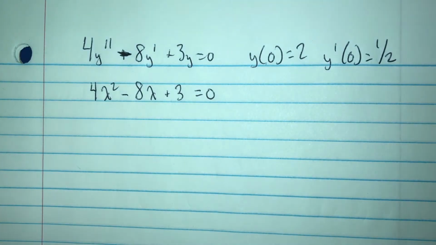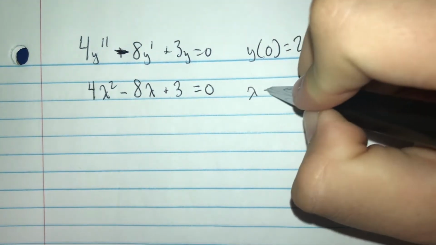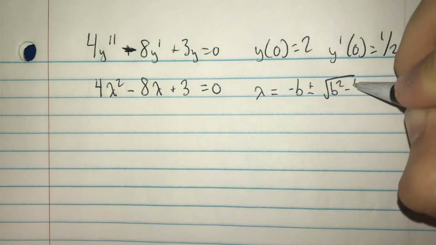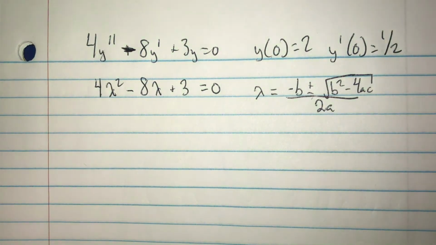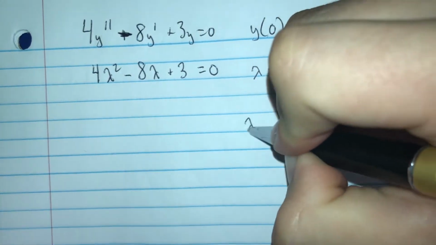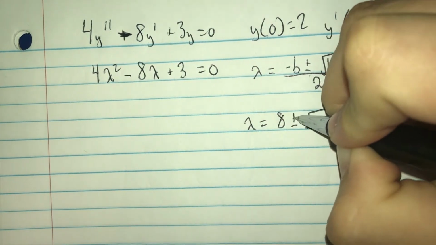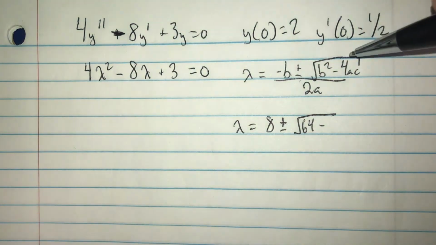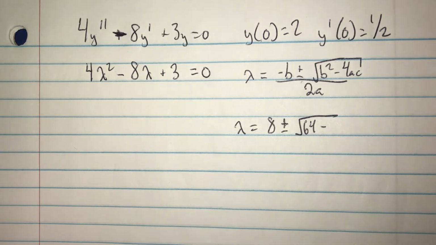So we can actually use the quadratic formula for this. Just remember, lambda is negative b plus or minus the square root of b squared minus 4ac, all over 2a. So lambda is equal to negative b, which is 8, plus or minus the square root of b squared, which is going to be 64, minus 4 times a, so 16 times c, 16 times 3.